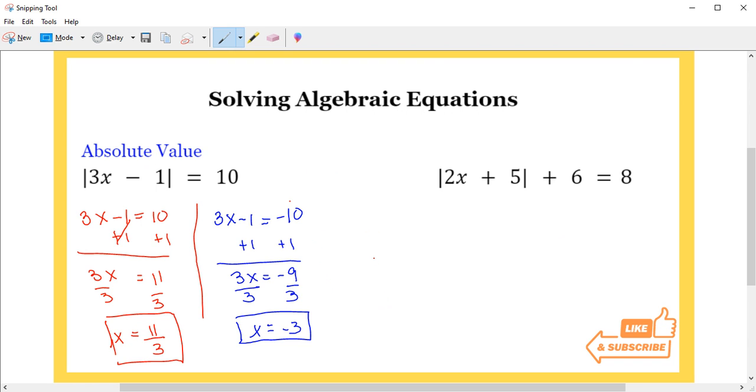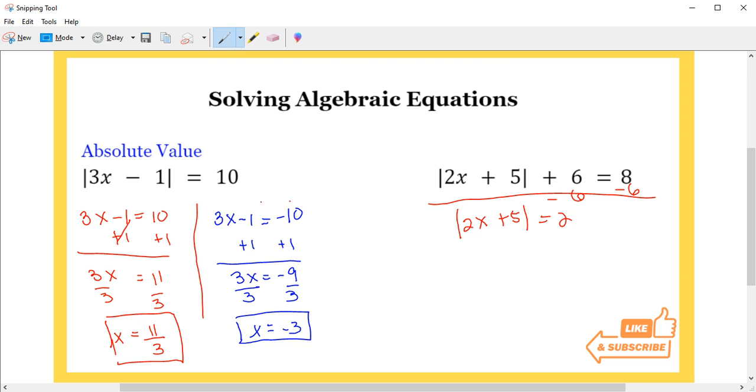Now let's move on to the second example. Well, is this the case where we're good? No, not really, because you have your absolute value here, and then you have that plus 6 hanging around. We need to get rid of that plus 6, right? How do you undo a plus? You subtract 6 on both sides. So now you will have the absolute value of 2x plus 5 equals 2.